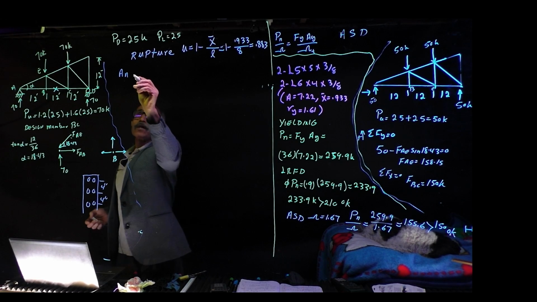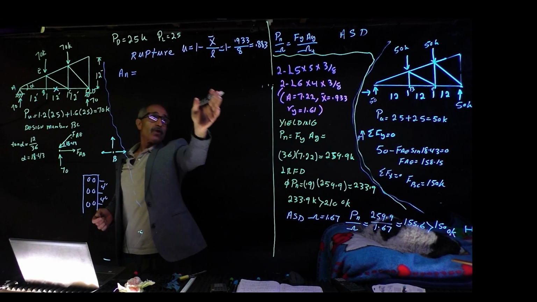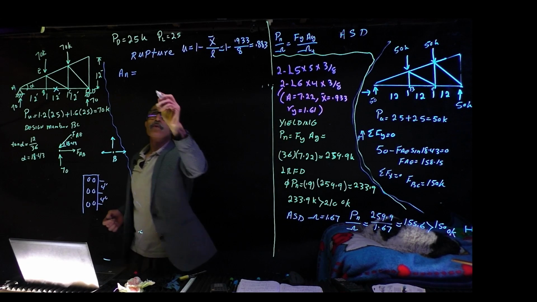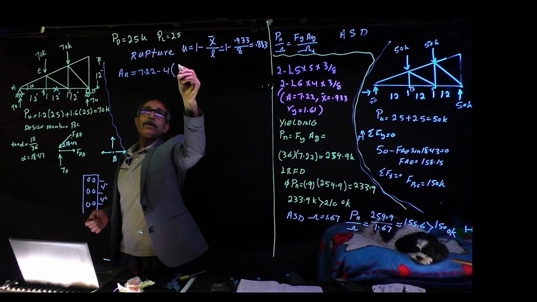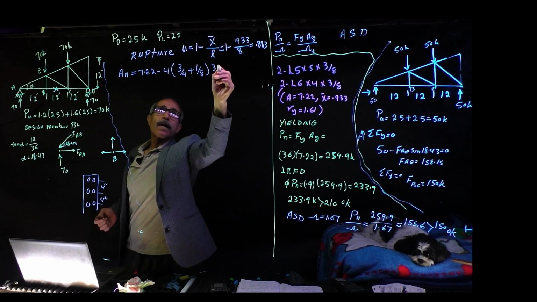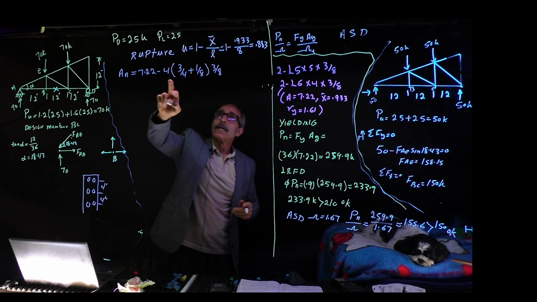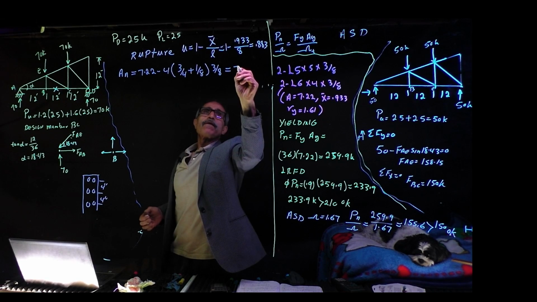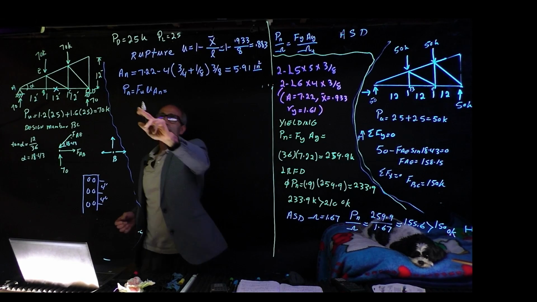So my net cross-sectional area becomes, we know the total cross-sectional area was 7.22, and now I'm going to deduct minus 4 times 3/4 inch plus 1/8 times 3/8. So that's basically the diameter of the hole times the thickness, and that comes out to be 5.91 inch squared. This is from the book.